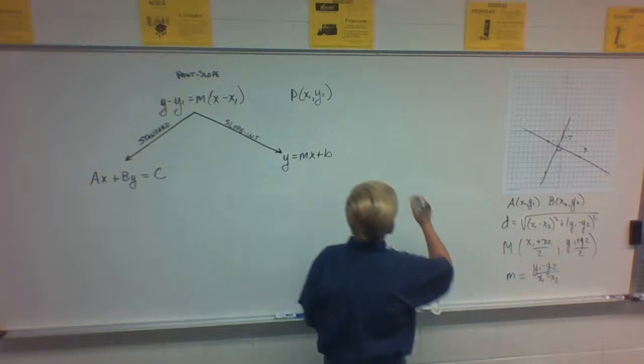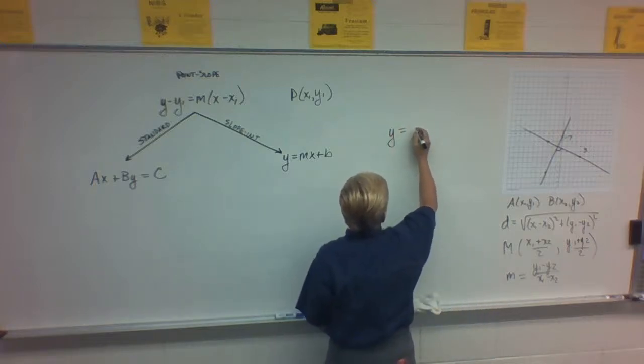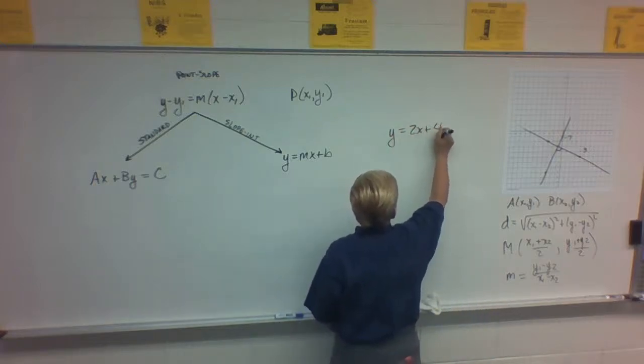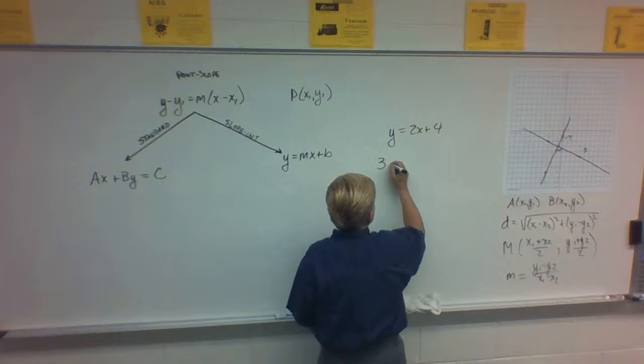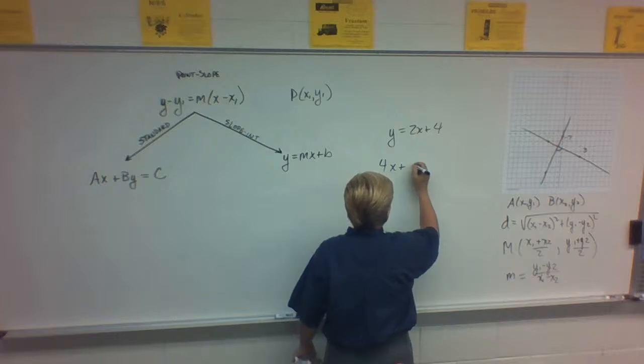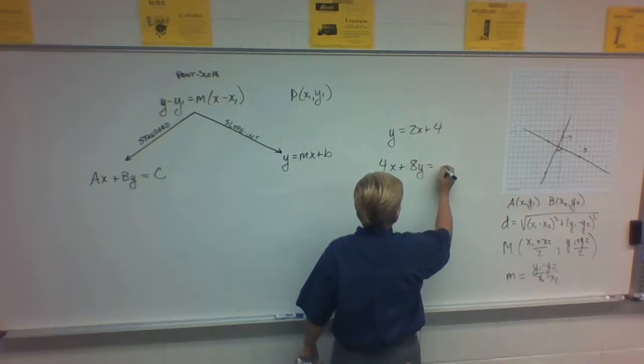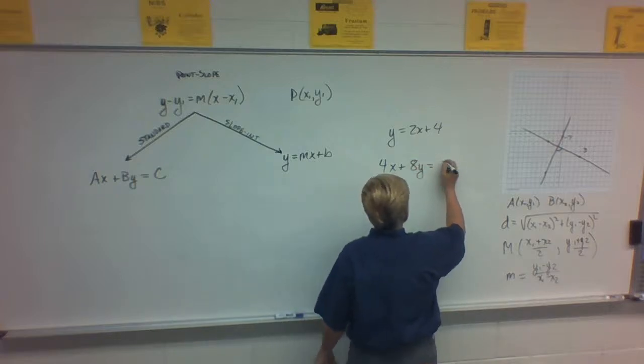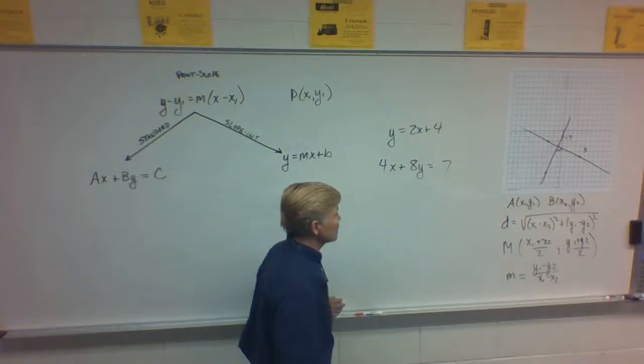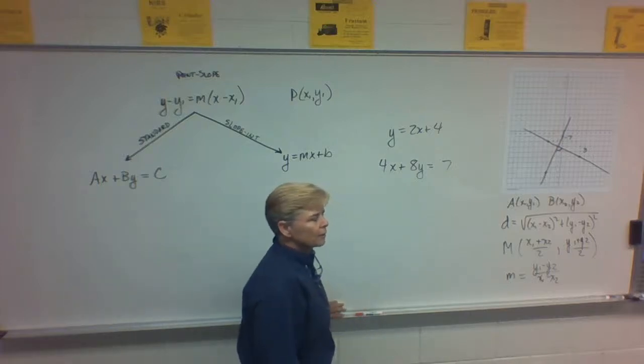So if I have a line like this, y equals 2x plus 4, and another line, 4x plus 8y equals 7. Are these lines perpendicular? What's the slope of the first one? 2.